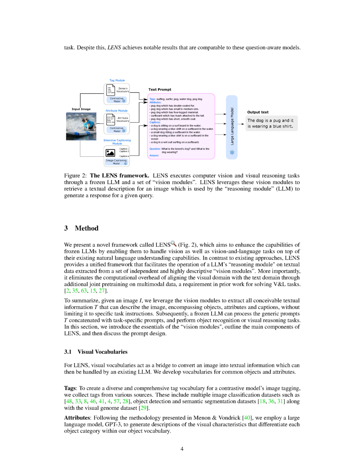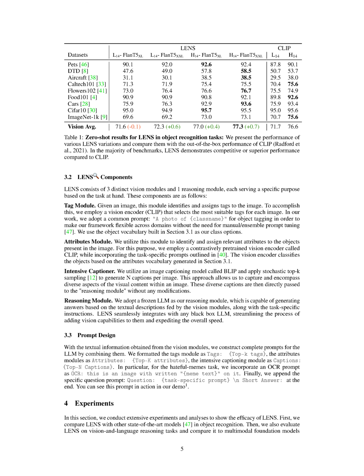Section 3.2 Lens components. The system we're discussing, named Lens, is made up of 4 main components. 3 of these are related to visual processing, and 1 is focused on reasoning tasks. Let's break down each module. Role. The tag module is our initial point of interaction with an image. It assigns relevant tags to the image, essentially identifying the main elements within it.